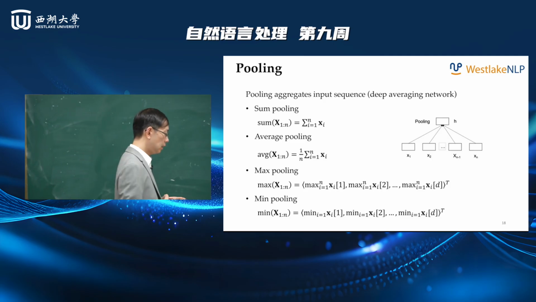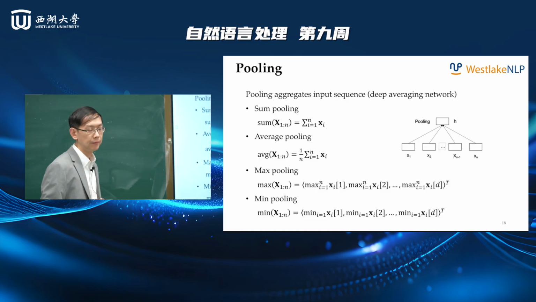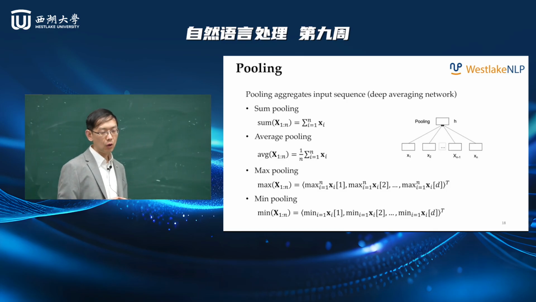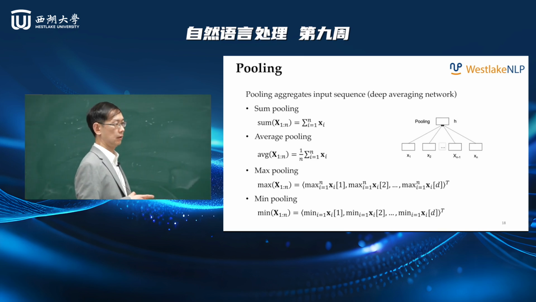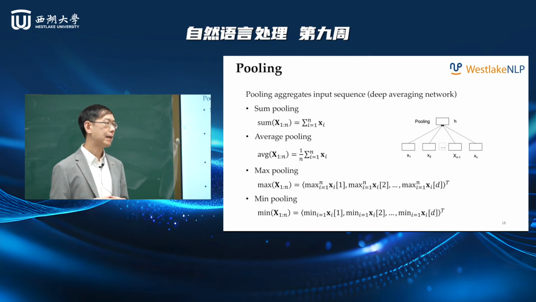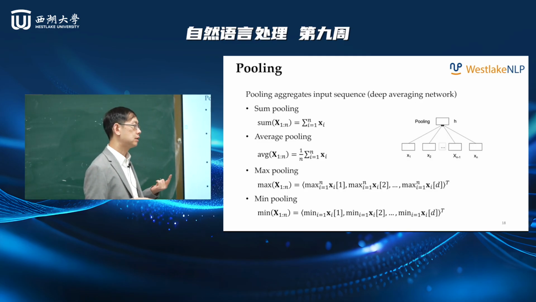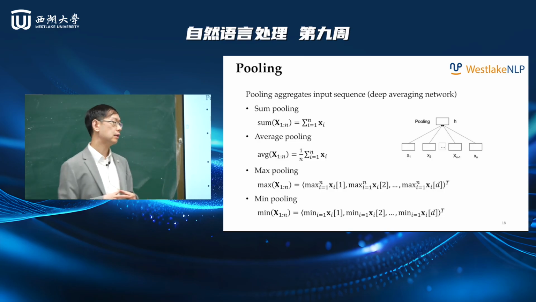And you tell me maybe averaging is easy to understand. Why do you do the maximum? We learned last week that we cannot directly interpret what every element means in your vector. But imagine that one bit means sentiment, okay? So we learned the sentiment lexicon, right?